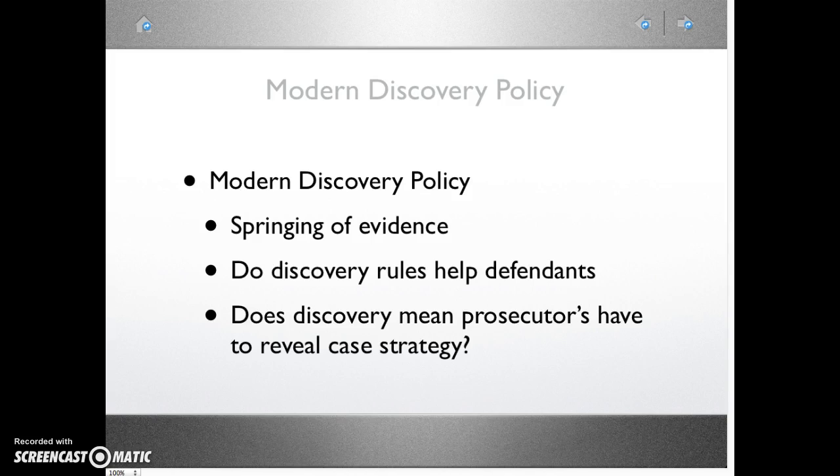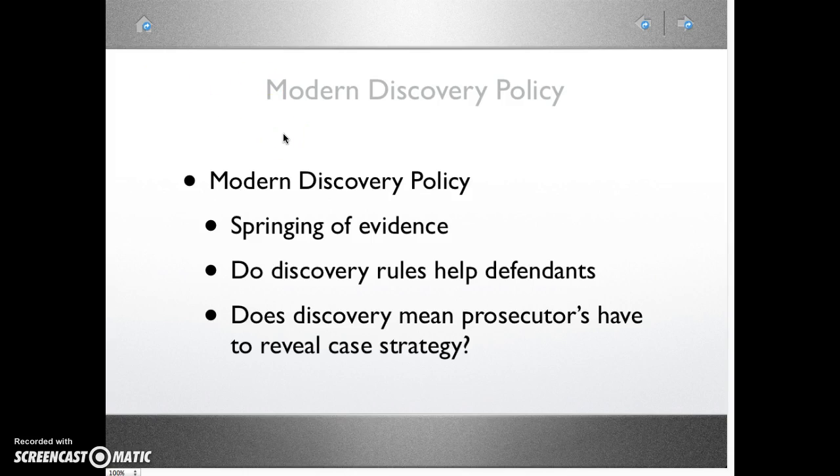And obviously, if it's true that the defendant was someplace else, then that might change the outcome of the case or the strategy used by the prosecutor. So again, discovery nowadays is a two-way street in terms of how that's going to be applied.